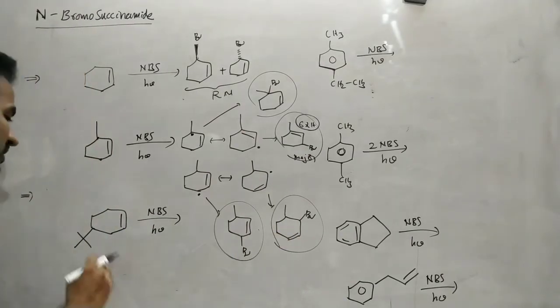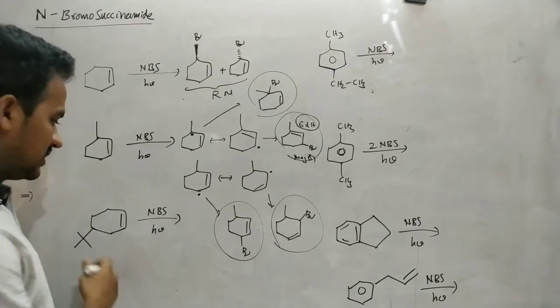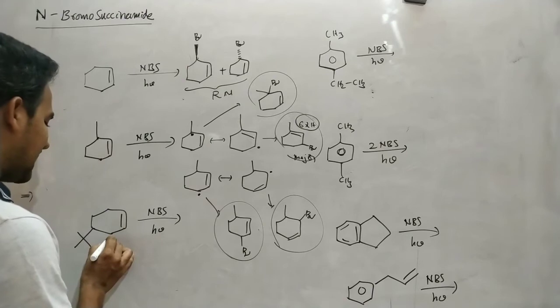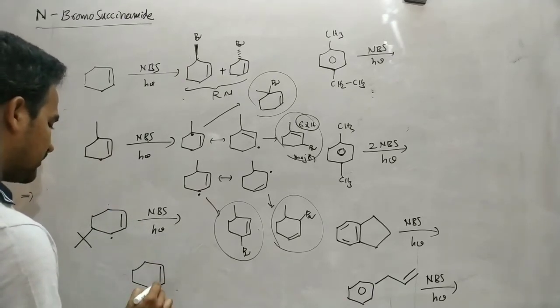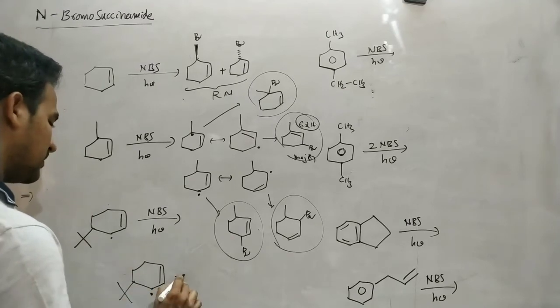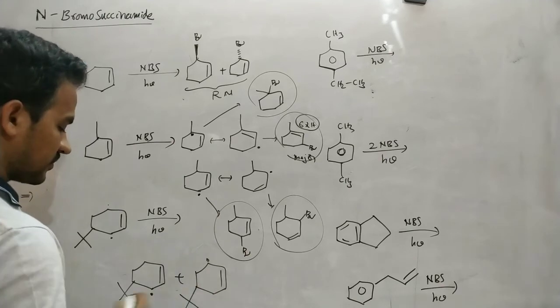Next, coming to this one, it is a previous JEE Mains question, from the offline examination. So it is an allyl radical. There are 2 possibilities for the formation of the allyl radical, this one and this one.